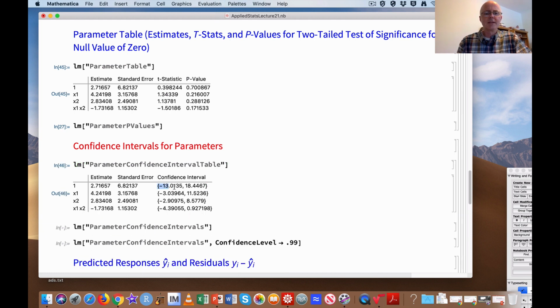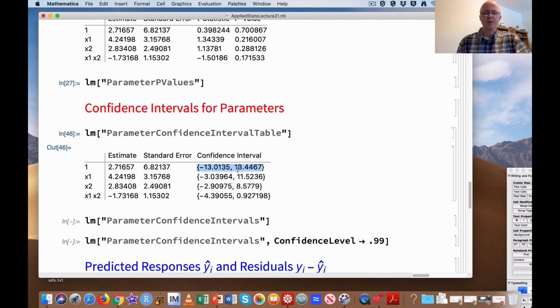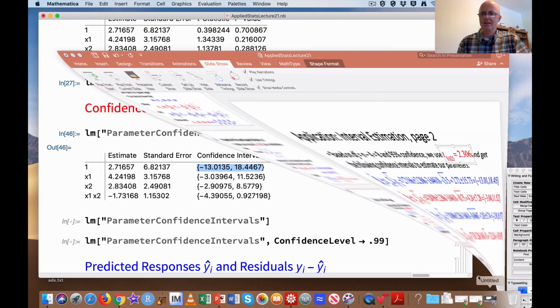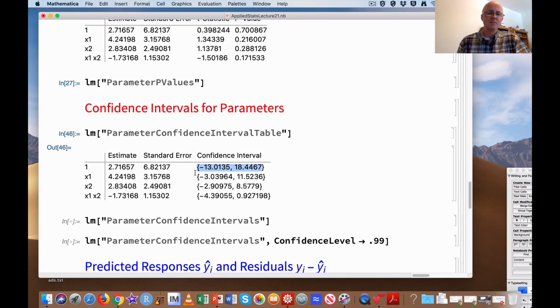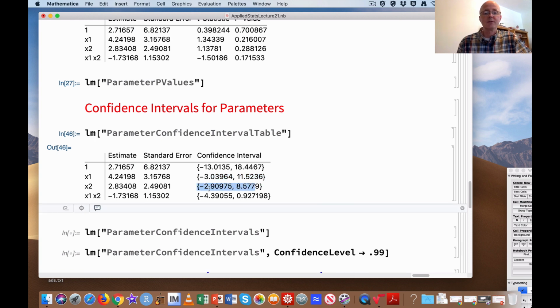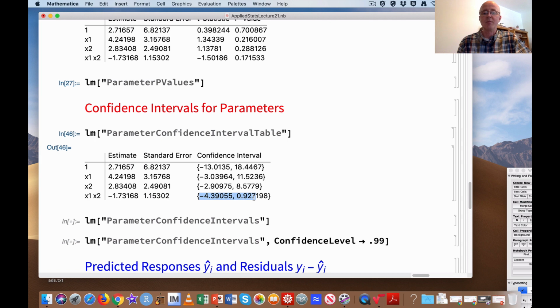So this is your confidence interval for beta 0, about -13 to 18.4. Is that consistent with what we got here? -13 to 18.4. So some rounding errors because of just rounding to different amounts. This is your confidence interval for beta 1, this for beta 2, and this for beta 3. These, by default, are 95% confidence intervals.